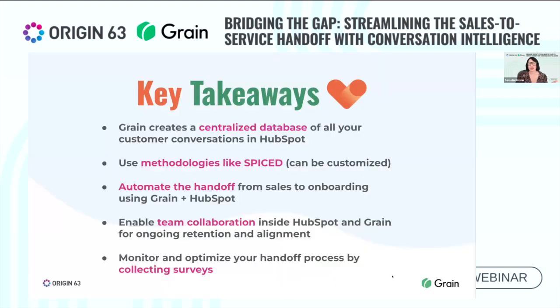So I just want to summarize here some of the actionable steps if you're using Grain and you're interested in having Grain and HubSpot together. I think the first thing to think about is that Grain really helps to create a centralized database of all customer conversations within HubSpot.